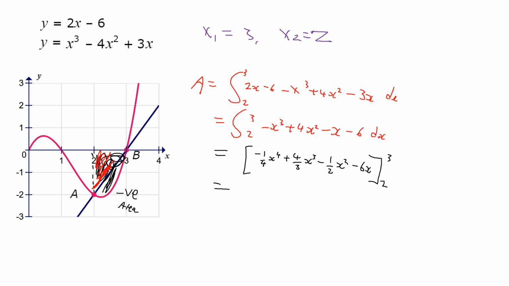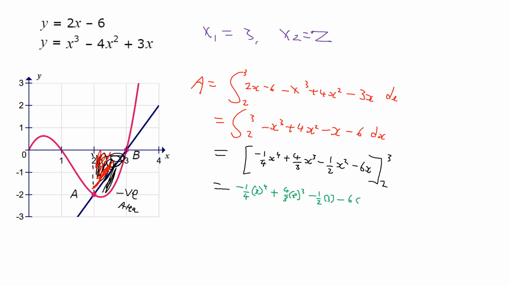And then here we go. Let's plug our values in. We've got minus a quarter times 3 to the 4 plus 4 over 3 times 3 to the 3 minus a half times, sorry, because we know what x is, our x is 3.